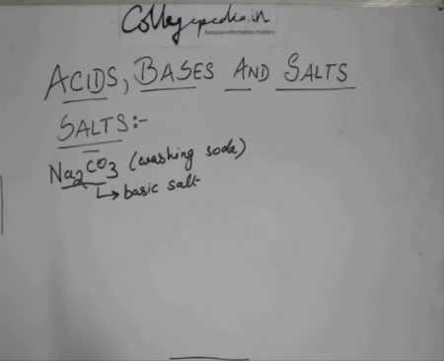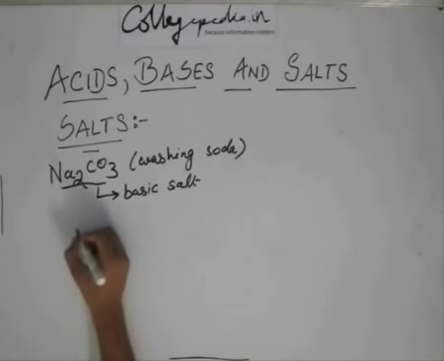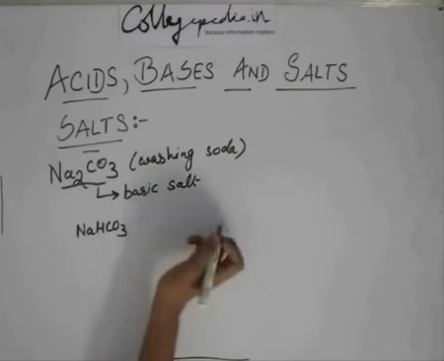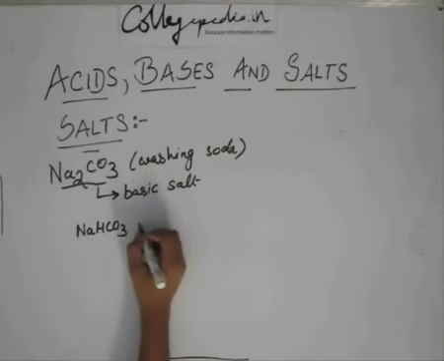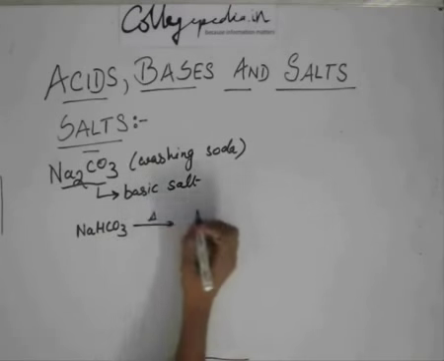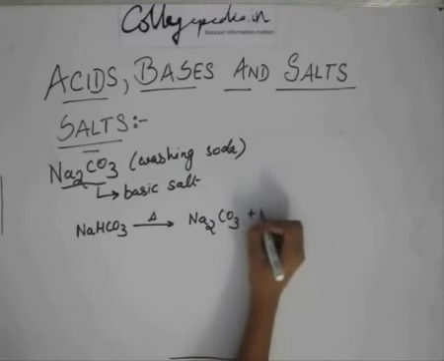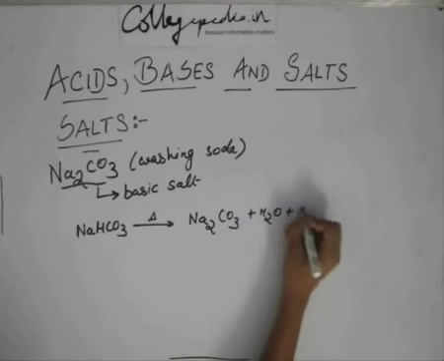Na2CO3 is formed from NaHCO3, because we have seen that when NaHCO3 is heated, it will give Na2CO3 plus H2O plus CO2.